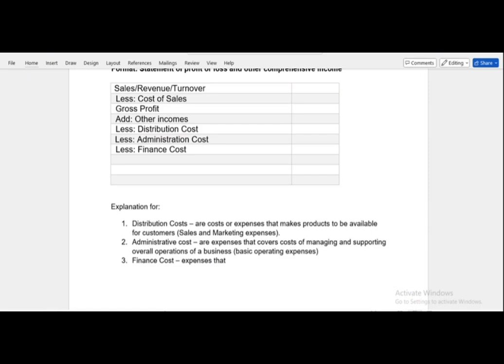All right, we can say these are expenses that are incurred by a business or a company for borrowing or using financial services.